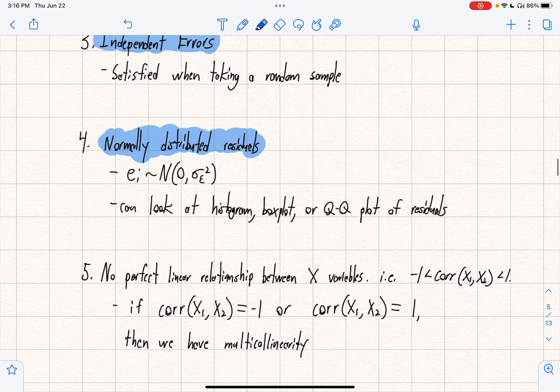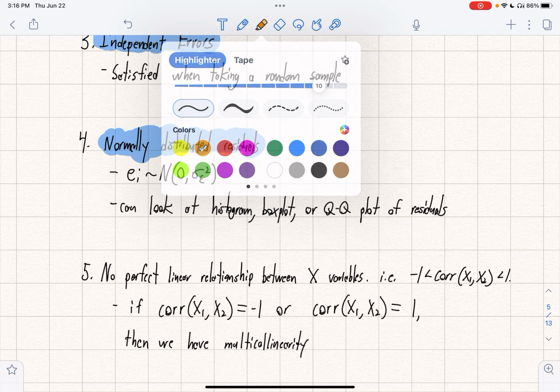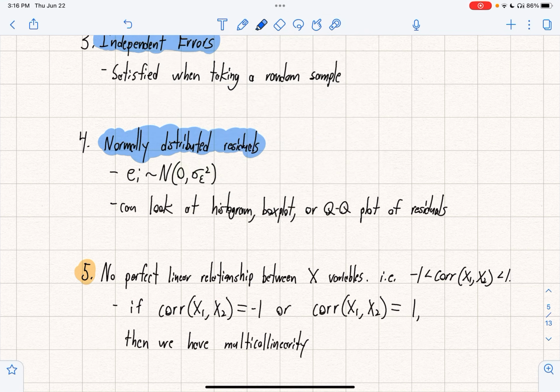And then finally, this is the new one, so maybe I should highlight this in a different color. The new one is that there should be no perfect linear relationship between the x variables. Another way of saying that is that the correlation between x1 and x2 is strictly less than 1 and strictly greater than negative 1.